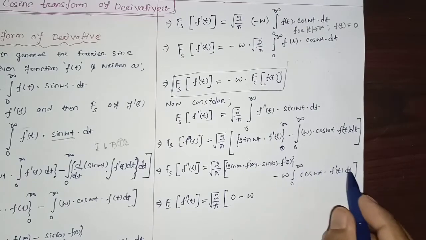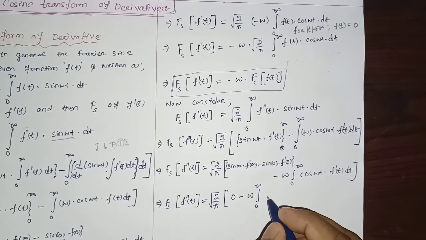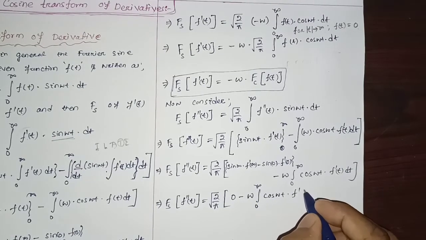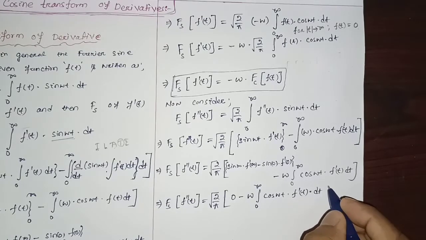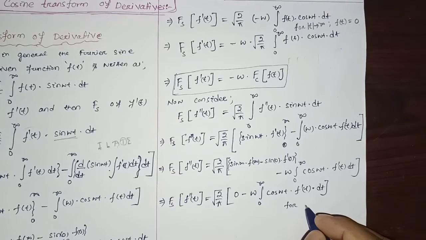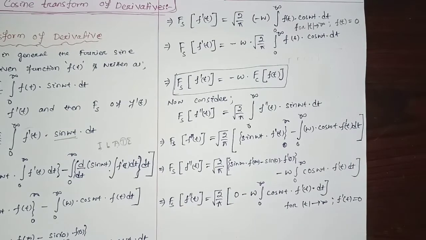Here again we are going to consider integration by parts of this one. Next step we are going to do that, integral 0 to infinity cos omega t into f'(t) dt. Here you write that for mod t tends to infinity, f'(t) equals 0, right?